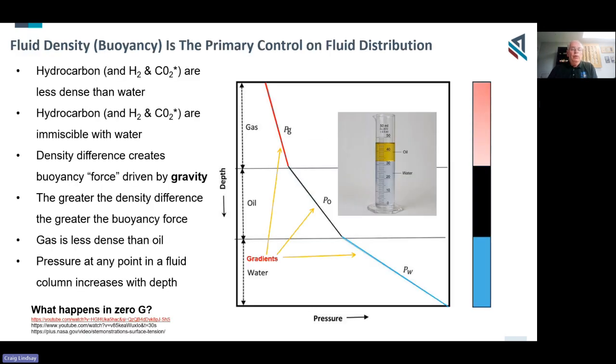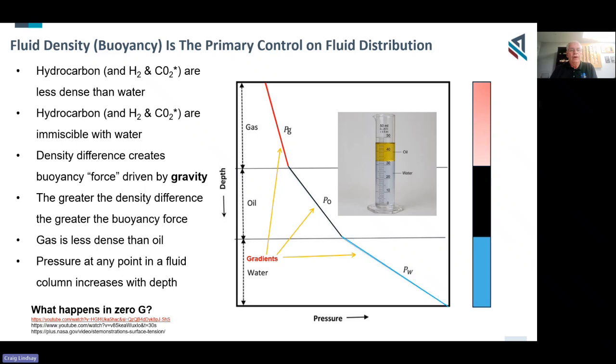So we want to understand how hydrocarbons and other fluids are able to accumulate in a reservoir, and basically that comes down to the density difference, or the buoyancy effect, which is a primary control on the fluid distribution. Hydrocarbons, but also hydrogen and carbon dioxide in the gas phase, and liquid oil are less dense than water. And they're also immiscible with water. Both of those things are very important.